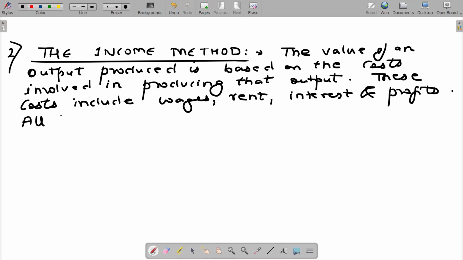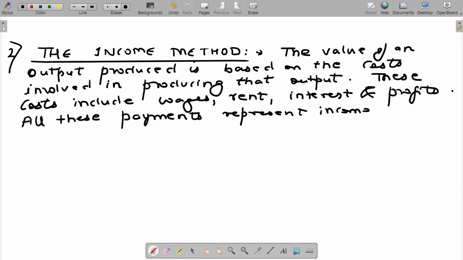All these payments represent income paid to the factors of production.